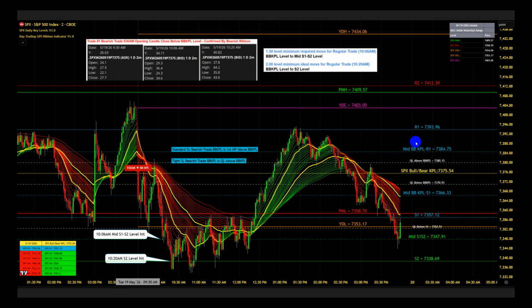Then the balance of those 15 to 20% of sessions will see sessions that go above R3 all the way to R6 or below S3 all the way to S6.